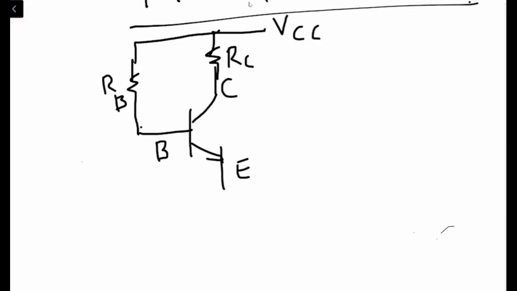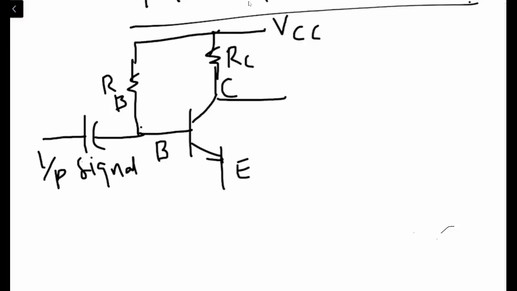Okay, with that, we have the circuit which has the input signal that can be given over here, as well as we should be able to get the output signal from here, right?